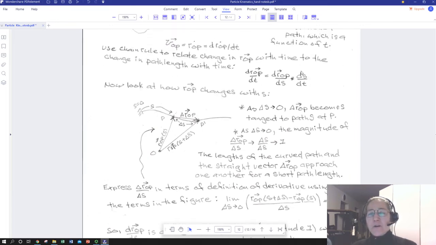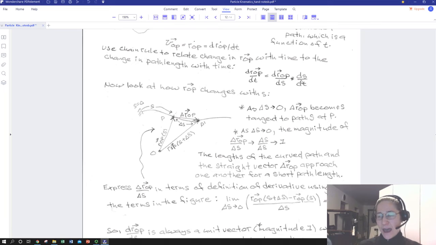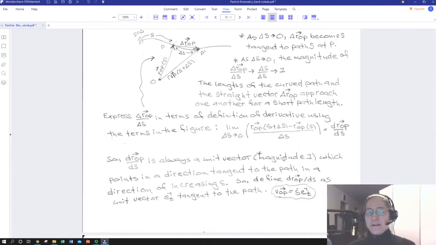Okay, so ds/dt is s dot. So the rate of change with time of the length of the path, the distance we've traveled down the path, and this d r_OP/ds becomes s dot in the tangent direction.